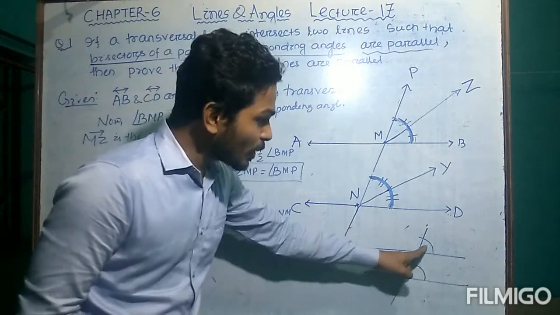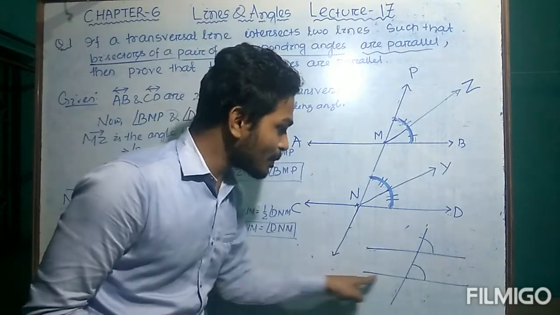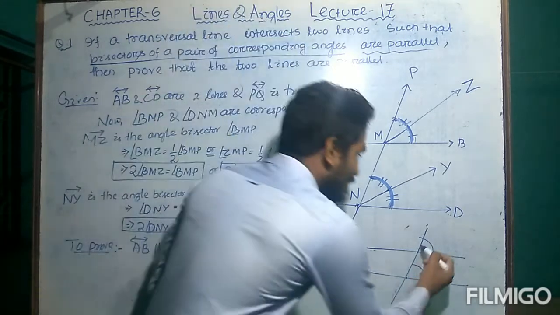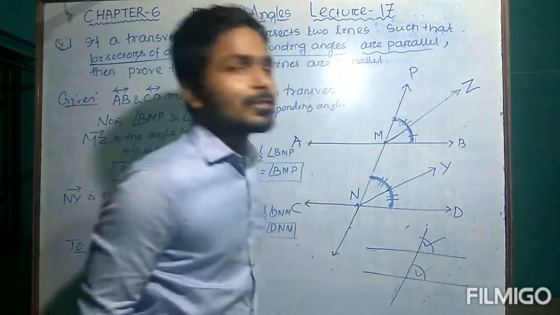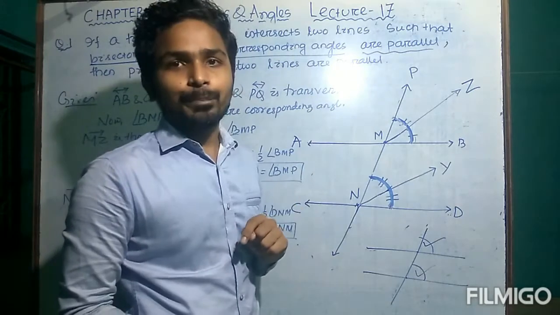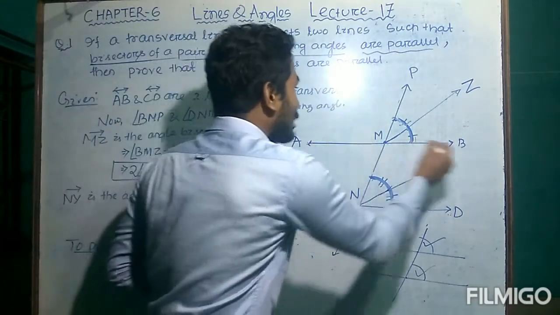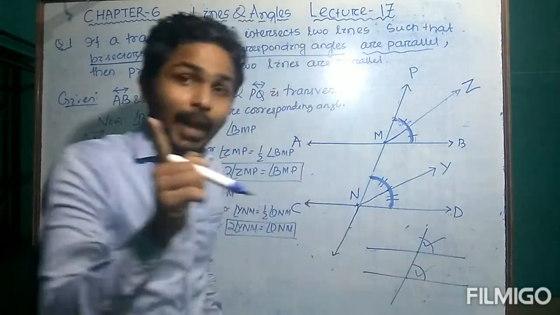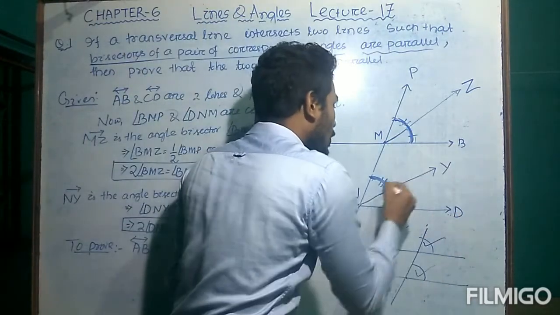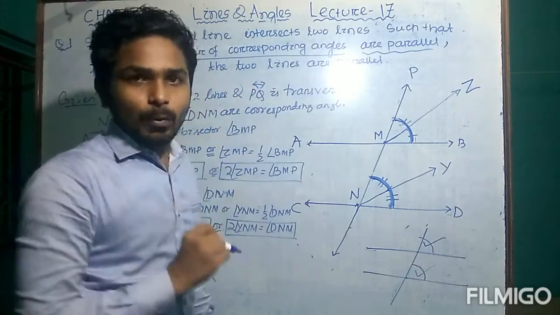So in order to prove that two lines are parallel, we first have to show that the corresponding angles formed are equal. Similarly, in this case, to prove AB is parallel to CD, we have to show that their corresponding angles must be equal.